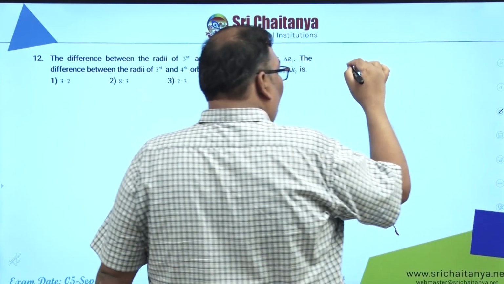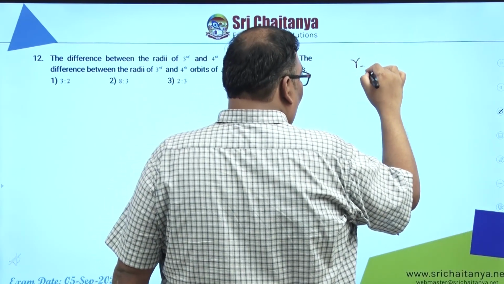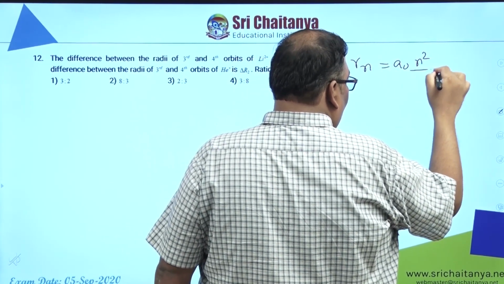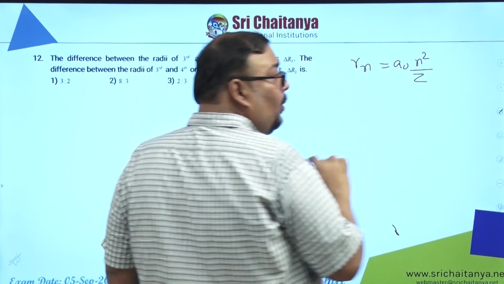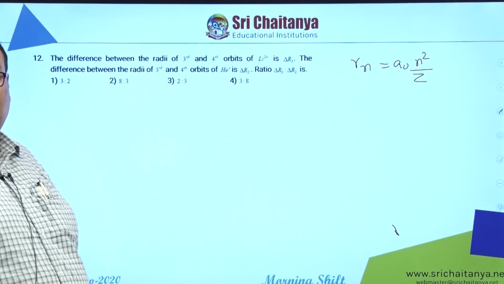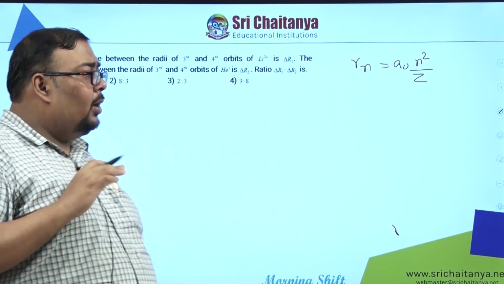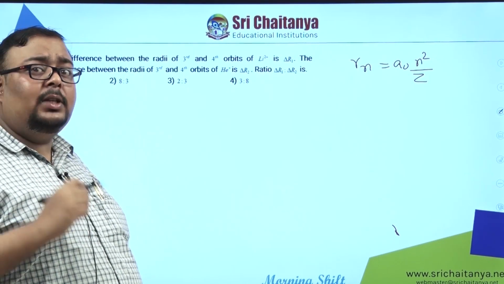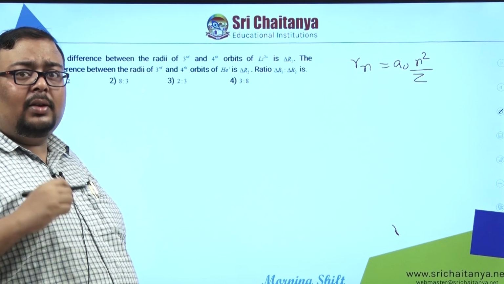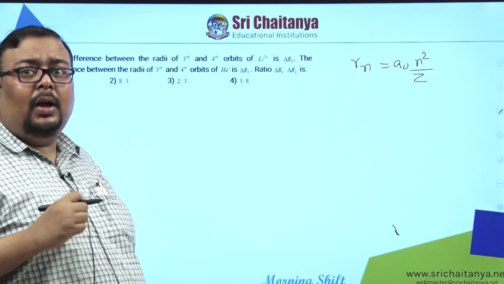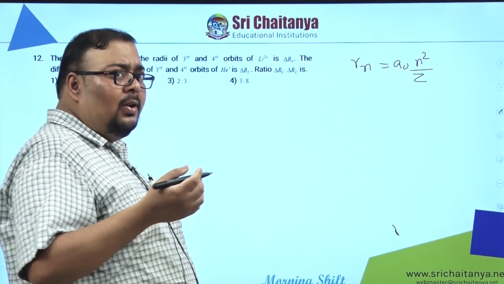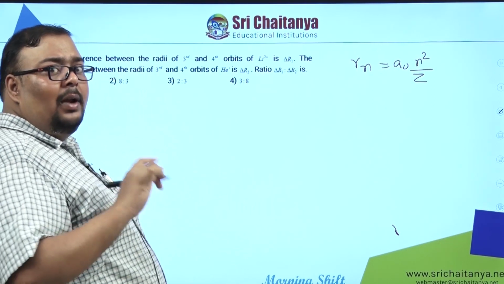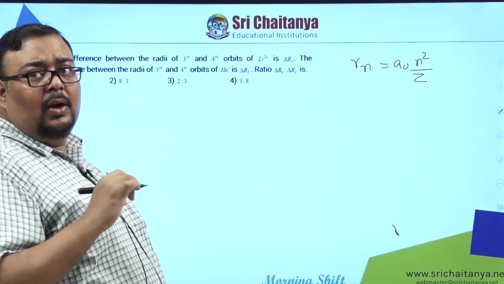You see, in Bohr's model, the radius of the nth orbit is given by a naught n squared by Z, where Z represents the atomic number of the ion and a naught is equal to 0.53 angstrom, which represents the radius of the ground state orbit of the hydrogen atom. Now here we have to calculate delta R1 and delta R2 for the given ions.